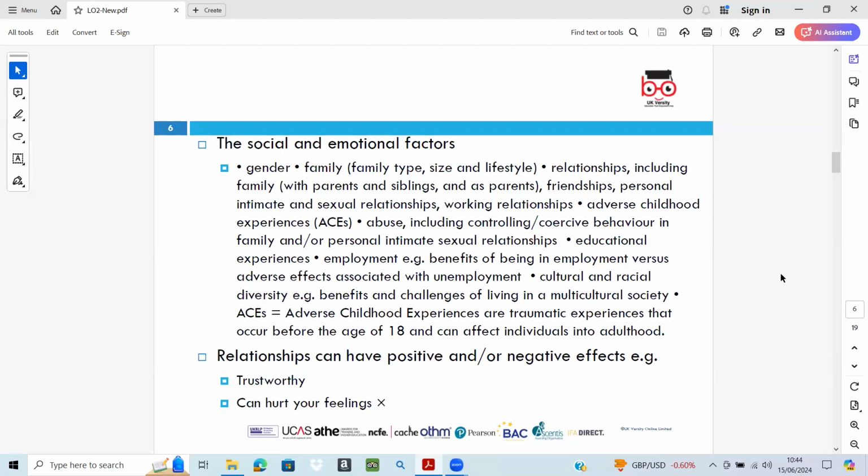Right. So here we have the social and emotional factors. Social and emotional factors play an important role in shaping an individual's growth and development. And we have gender.